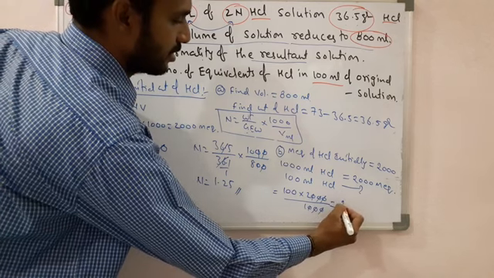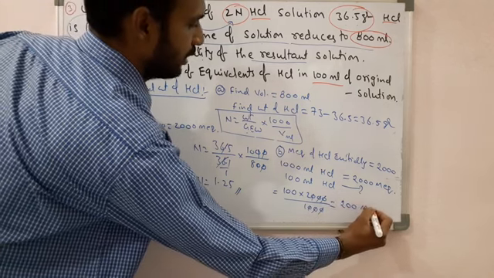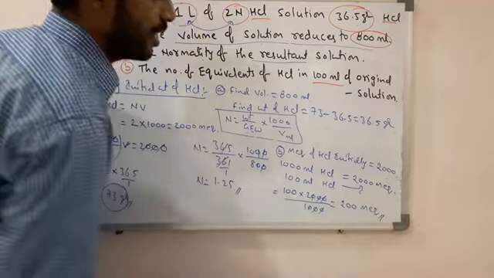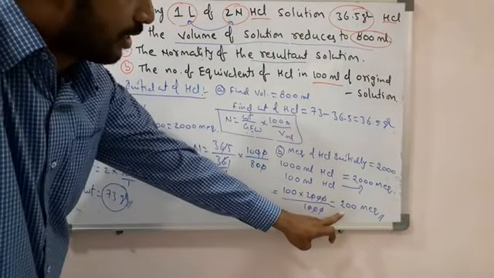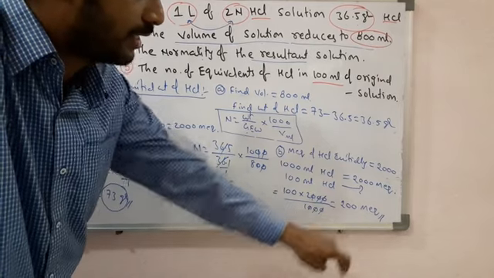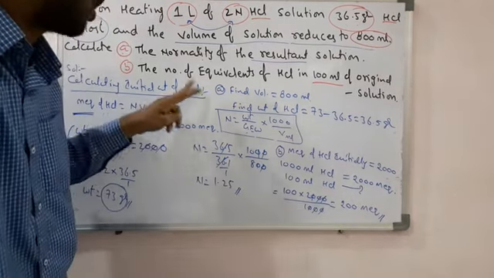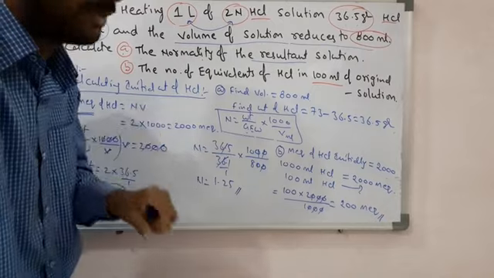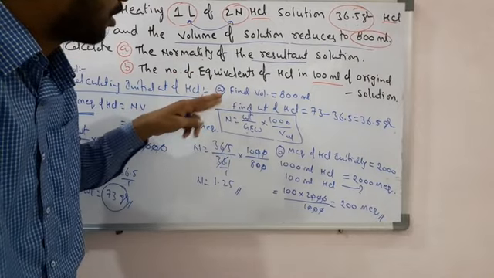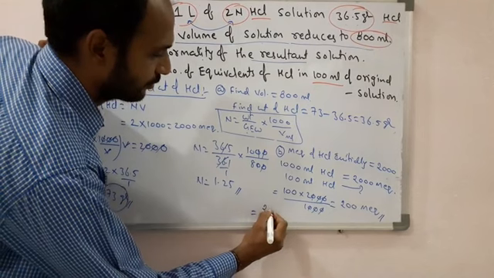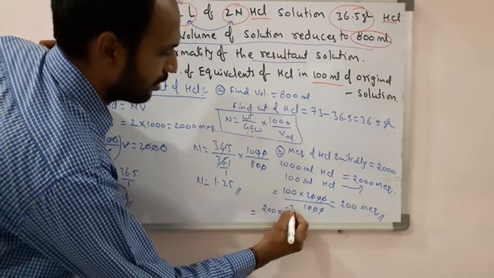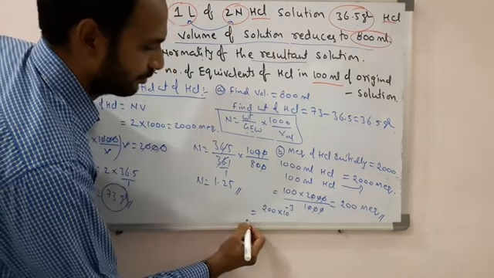So that is equal to 200 milli equivalents. Means in 100 ml of original solution, it is having 200 milli equivalents. But the question is not milli equivalents. We need to find the number of equivalents. Number of equivalents means 200 times 10 power minus 3, okay.